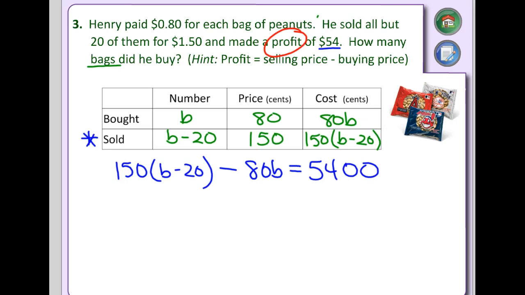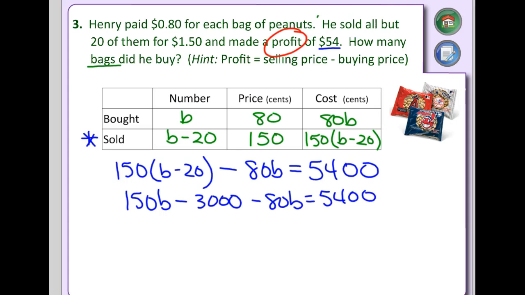All right, so let's take care of our distributive property, and let's see. We're going to have 150B minus, that's going to be 3,000, I think. And then this is going to be minus 80B.